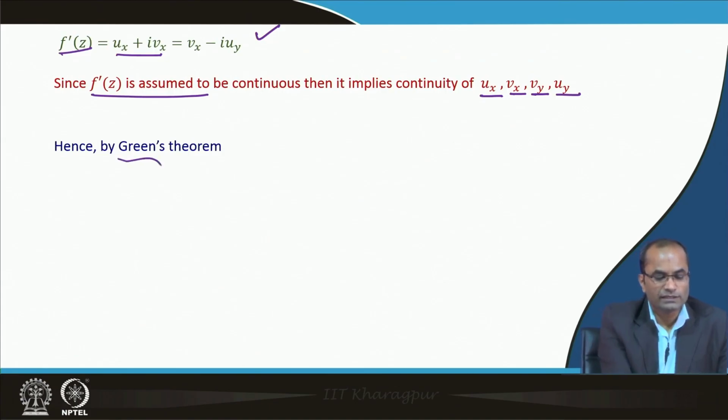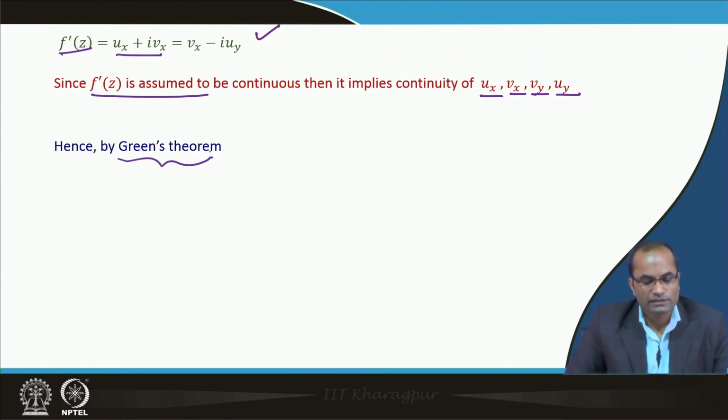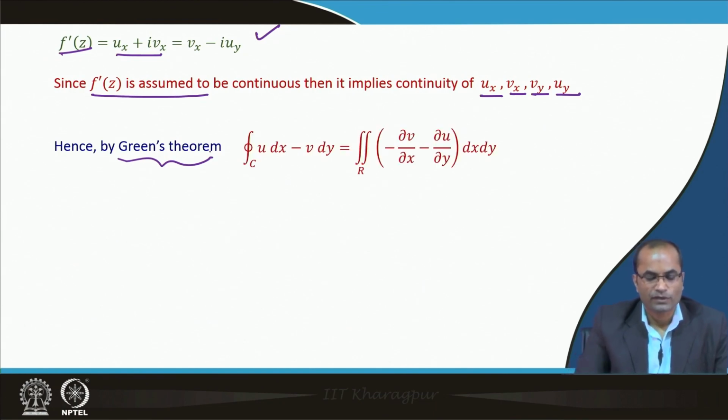So, now we will apply Green's theorem here, which was just discussed in the first slide. The Green's theorem says that for u dx minus v dy, here we have minus v for f 2, and f 1 we have u in that setting.